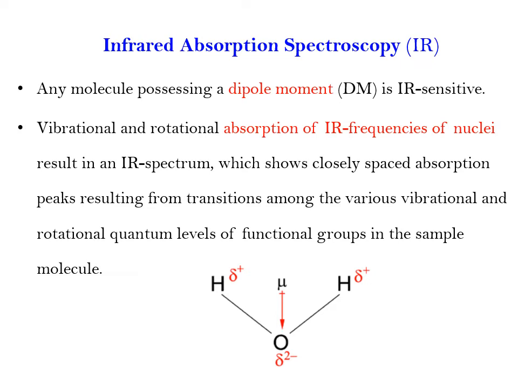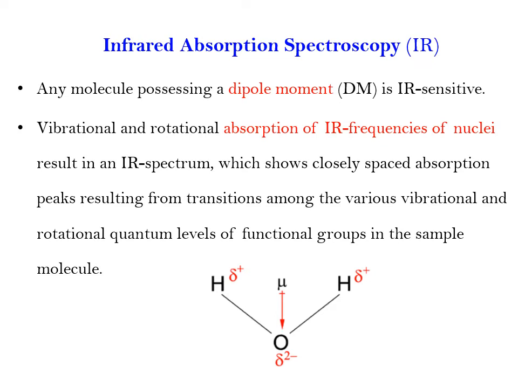If there is separation of positive and negative charges in a molecule, that means the molecule has a dipole moment. So the vibrational and rotational absorption of IR frequency by the nuclei results in an infrared spectrum, which shows closely spaced absorption peaks resulting from transitions among the various vibrational and rotational quantum levels of functional groups in the sample molecule.